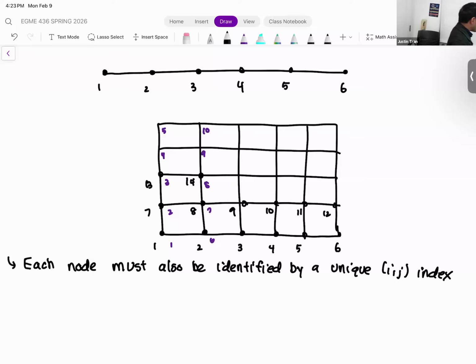Every node must also have a unique IJ index. For that, you can think of your grid as a Cartesian coordinate system.